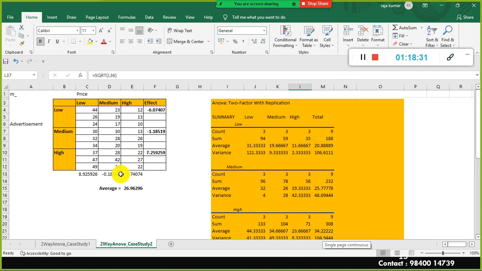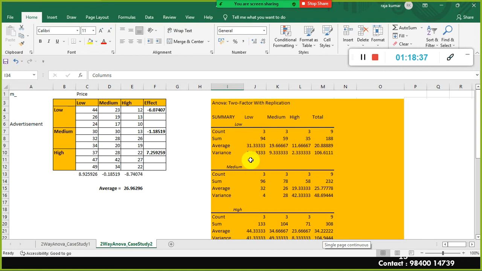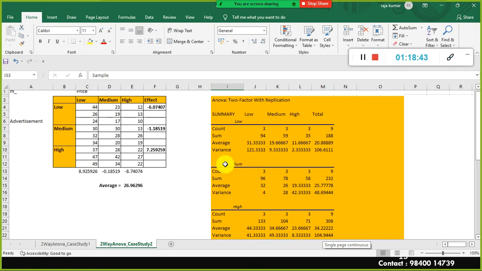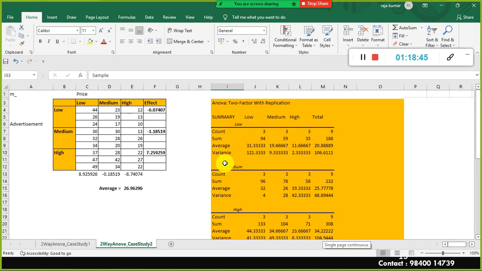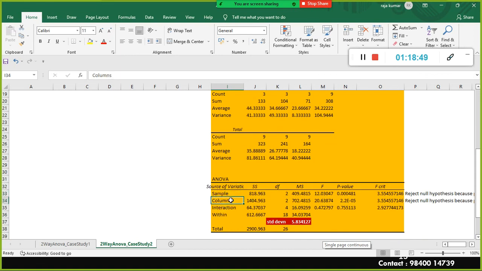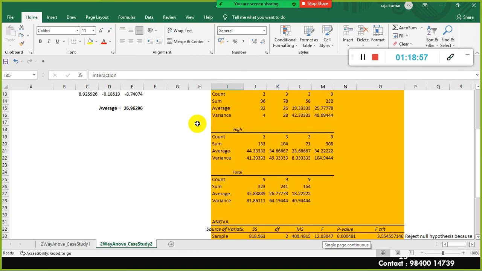So now you tell me what is sample here, what is columns here. In this case the sample is nothing but the rows, the advertisement. The columns are nothing but your price. The interaction asks: do advertisement and price, both of them, have any interaction?